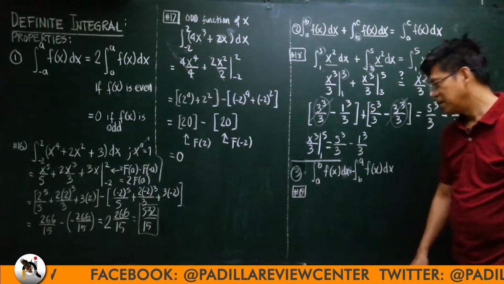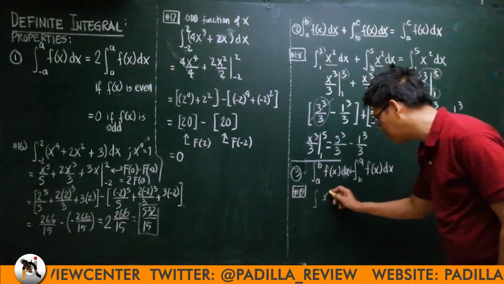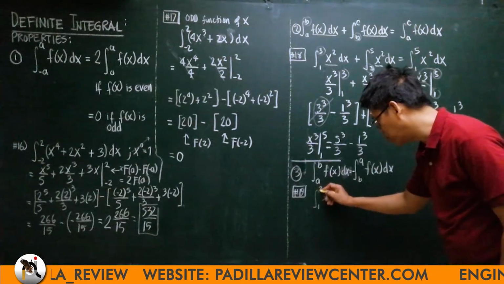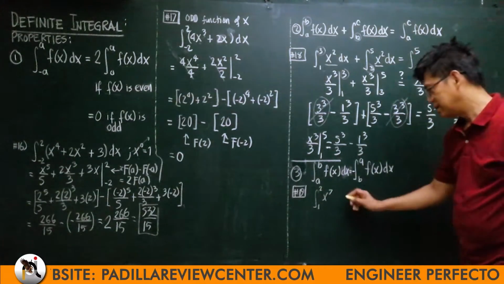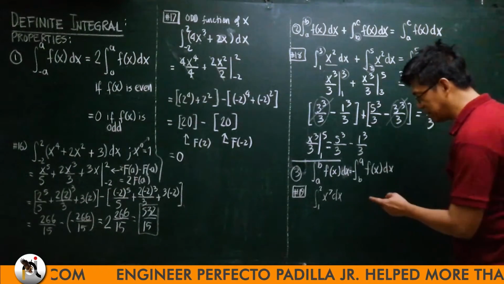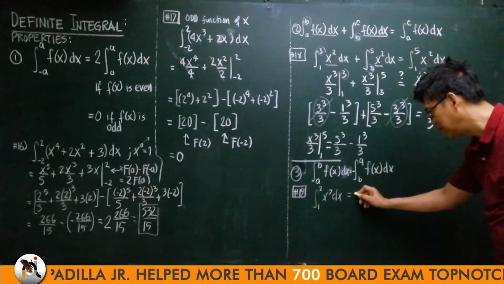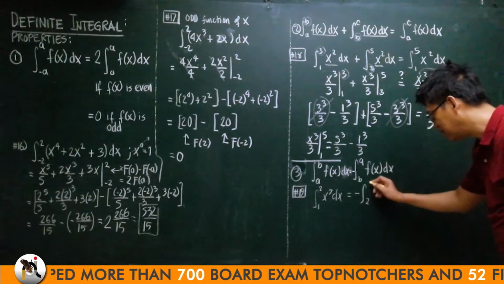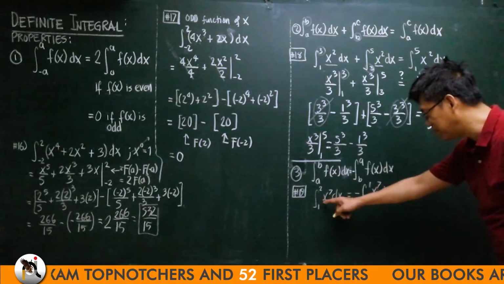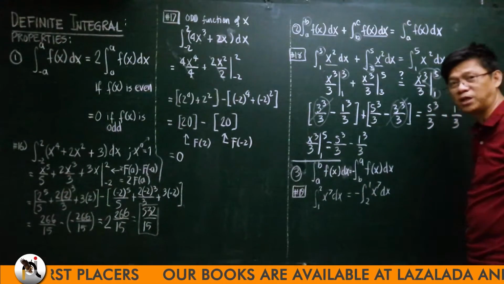Okay? Alright. So, for example, we integrate x to the 7 from 1 to 2 dx. Our theory is that the integral from 2 to 1 of x to the 7 dx will be the negative of this. The sign will be reversed when you reverse the position of the limits.